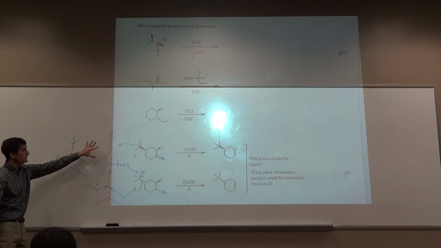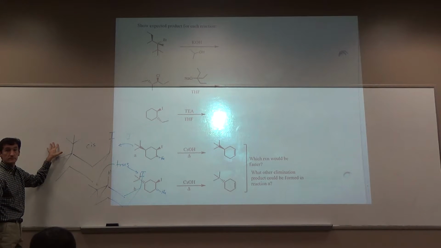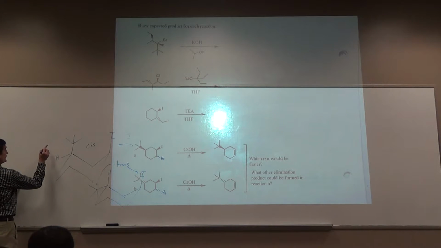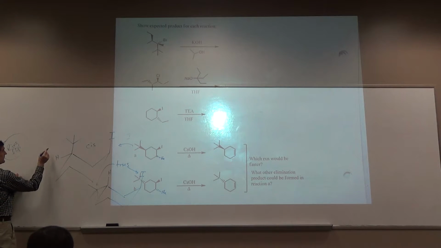Is this one going to exist like this, or is it going to want to do a ring flip? It's going to really want to do a ring flip, put both of these groups equatorial. So if we showed a ring flip with both equatorial, how would we draw the equilibrium lines? It would be heavily towards this, right?